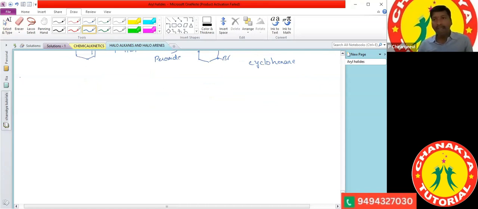Allylic and benzylic carbon atoms. From allylic and benzylic carbon atoms also we can prepare haloalkanes. For example, if allylic, that means CH2=CH-CH3, is treated with chlorine in the presence of 473 Kelvin temperature, what is the product?